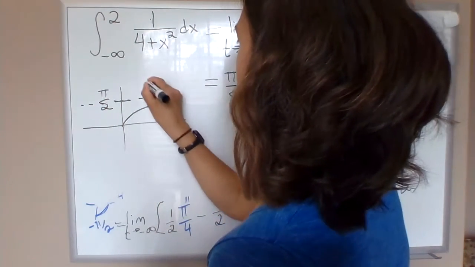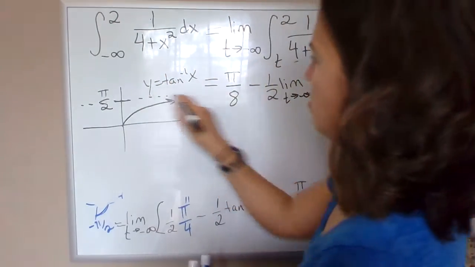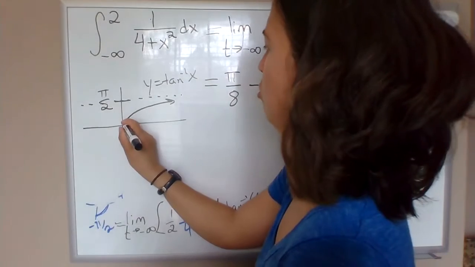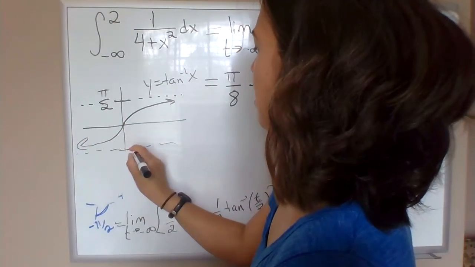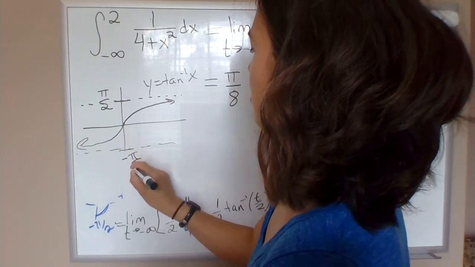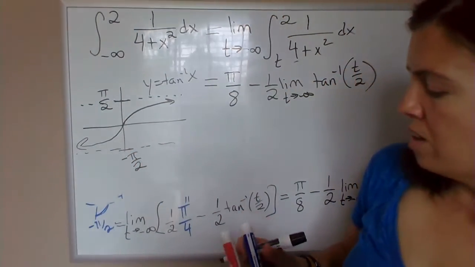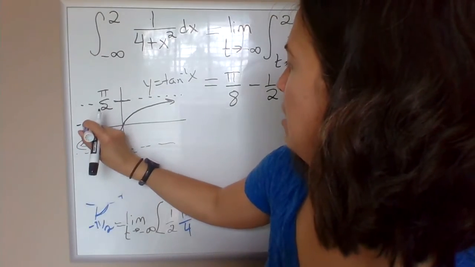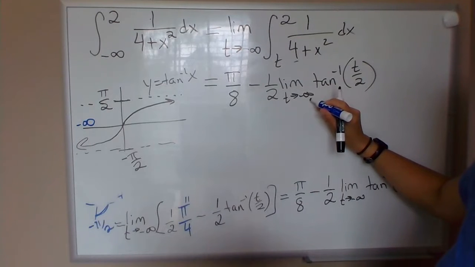So the graph of y equals inverse tangent of x has a horizontal asymptote at pi over 2 and another one at negative pi over 2. And again, it looks like a tangent graph knocked on its side. So as x approaches negative infinity, go back to where we are with the limit here.